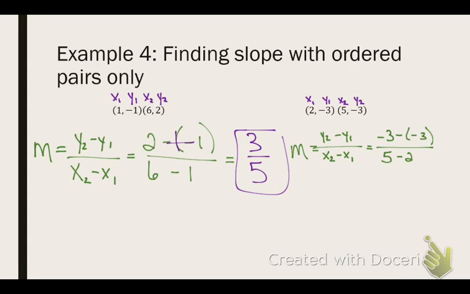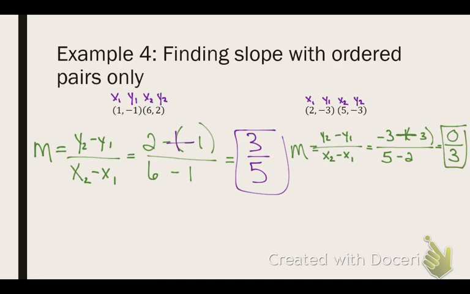So what happens to my double negative here? It becomes a positive. What's negative 3 plus 3? 0. And what's 5 minus 2? 3. So you don't know that it's a horizontal line until you get to this point.